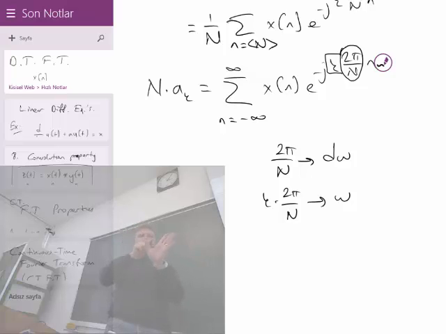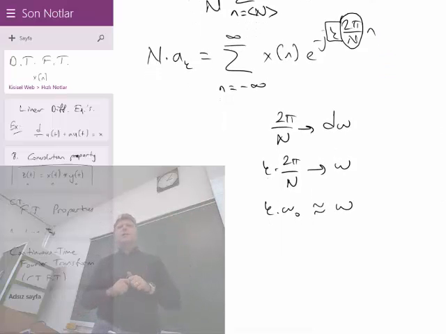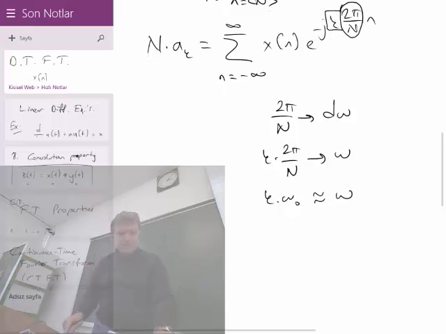In fact, we were drawing the impulses on those positions, on the frequency corresponding to k times omega 0. So what I'm saying is k times omega 0 is the frequency, omega. And the replacement that I will do in this expression is that k times 2 pi over capital N, I'm going to replace it by omega, which is the frequency.